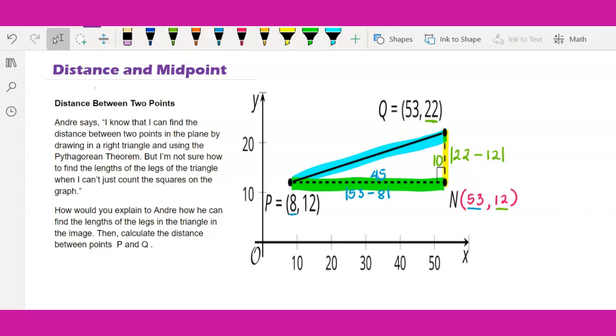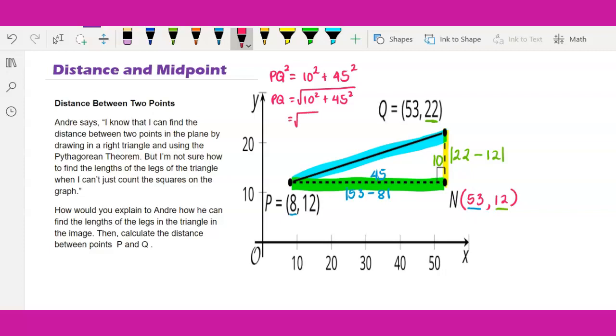So let's help Andre find the distance between P and Q. Using the Pythagorean theorem, PQ squared is equal to 10 squared plus 45 squared. Taking the square root, PQ is equal to the square root of 10 squared plus 45 squared.